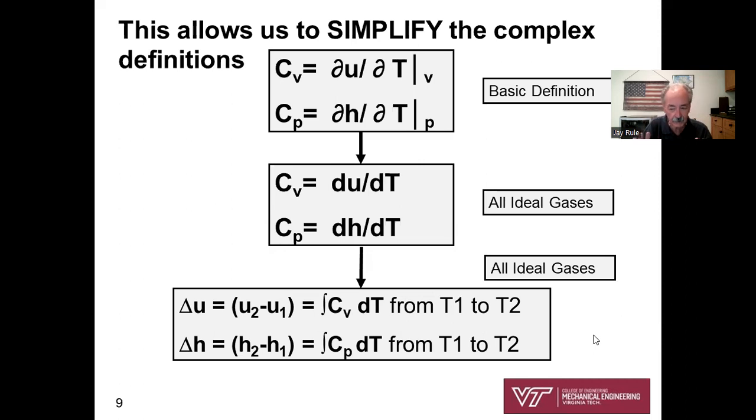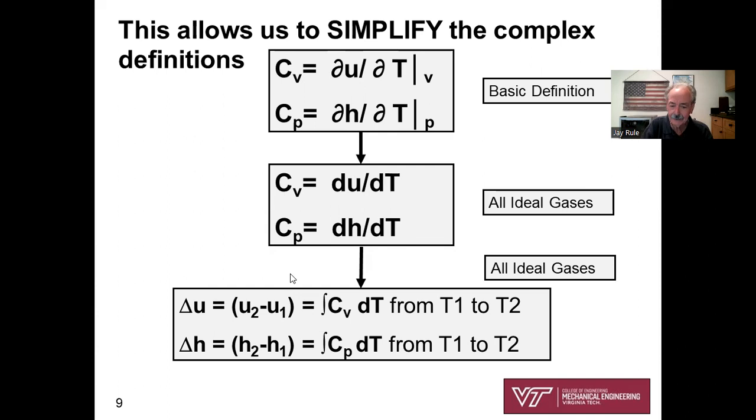Okay, I'm going to pause a little bit because I'm sort of blazing through here. Let's recap this slide. We started with a partial derivative definition of CP and CV. Then we recognized that for an ideal gas, U and H depend only on temperature, so we moved into an ordinary differential equation definition.